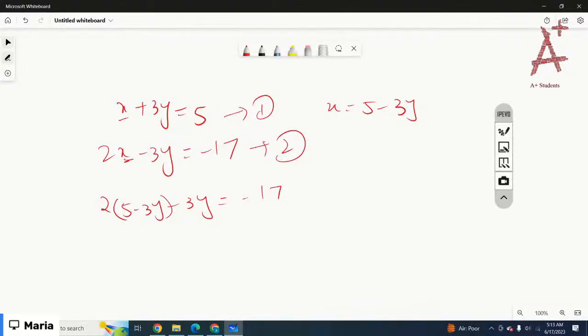Now we have to solve this equation. It would be 2 times 5 is 10, minus 2 times 3 is 6y, minus 3y equals negative 17. So it would be 10 minus 6y minus 3y, which is negative 9y, equals negative 17.